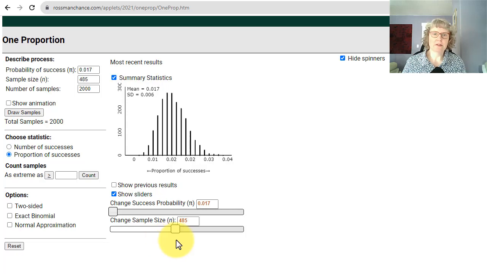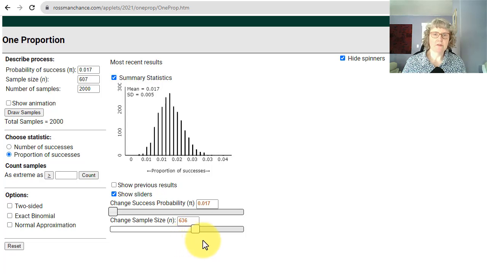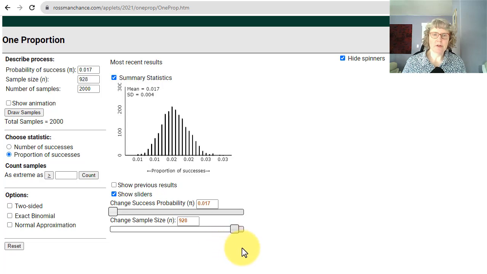I love these sliders because we can see. Even if I get up to about 500, 550, that looks pretty symmetric, right? And then it just should get better after that. Of course, there's variation, so it bounces around a little bit.